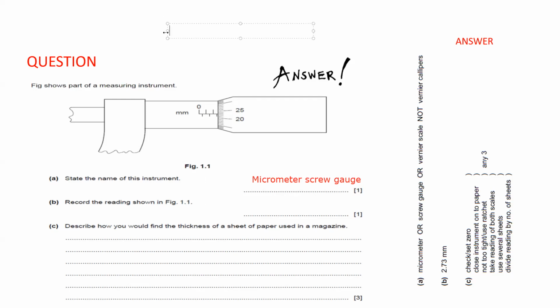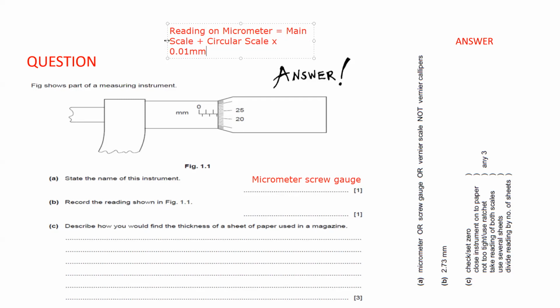The formula I told yesterday: if you want to read the micrometer, the reading on the micrometer is equal to main scale reading plus the circular scale reading multiplied by 0.01 millimeter.